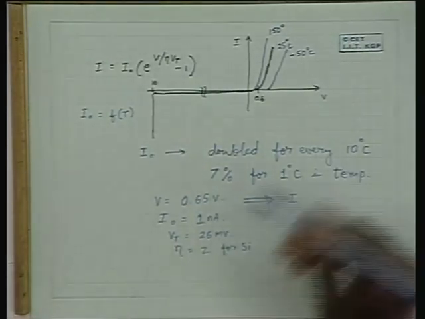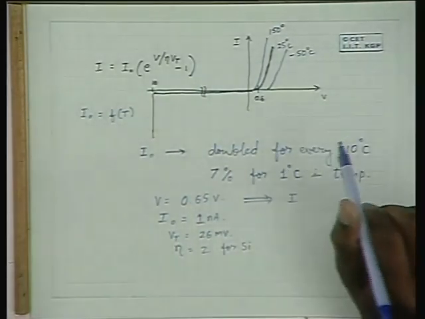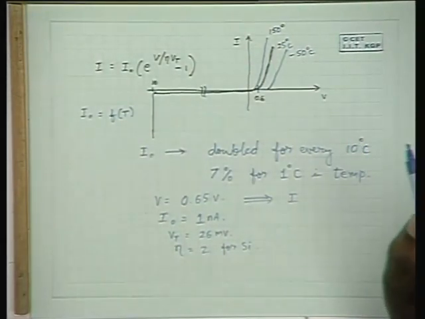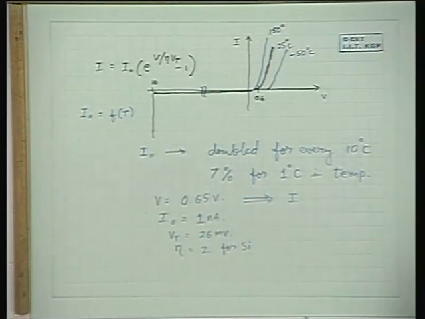Now if the temperature is raised from say 25 degrees centigrade to 55 degrees centigrade, then I naught, instead of 1 nanoampere here, will be 4 times, because the increase in the temperature is by 2 decades.